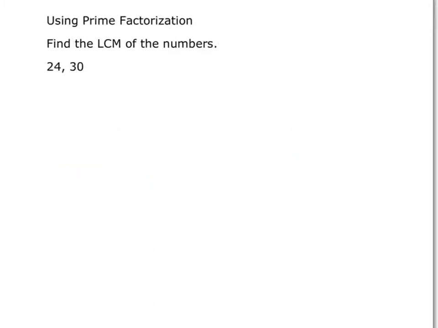In this problem, we're going to show you how to find the least common multiple using prime factorization. So once again, anytime they're talking about prime factorization, okay, you have to make the trees. So for 24, let's just say I'm going to do 6 times 4. Neither one of those are prime, so I need to keep going. 2 times 3, both of those are prime, so I can stop there.